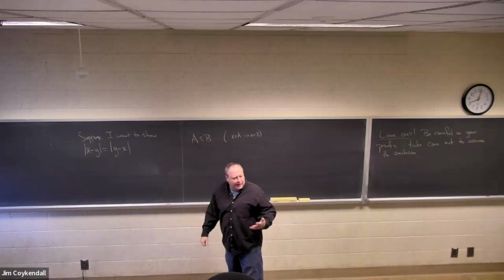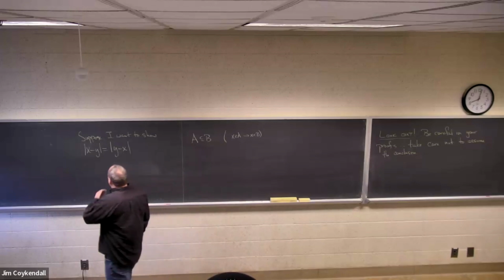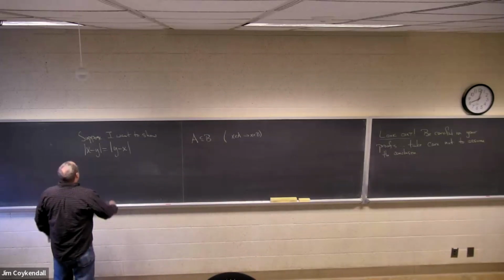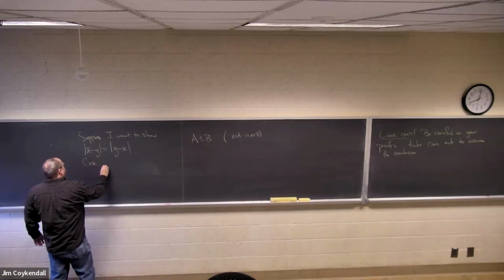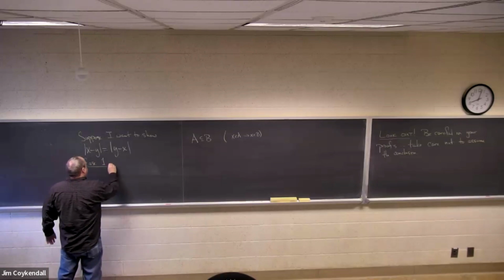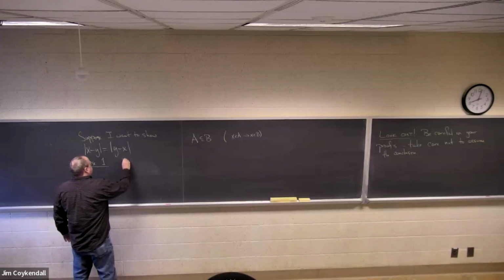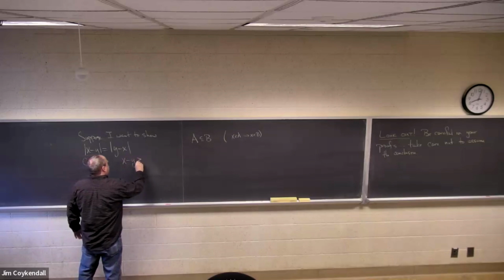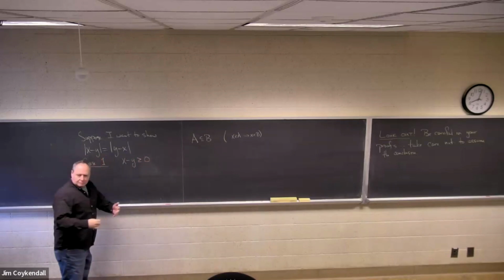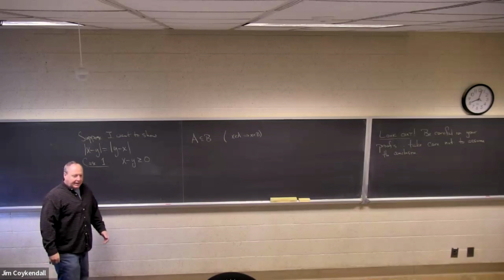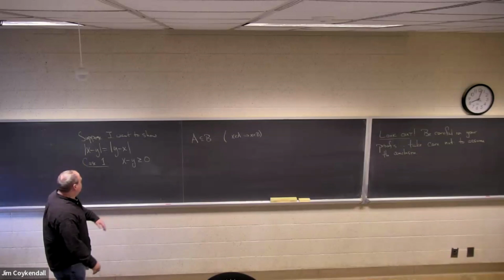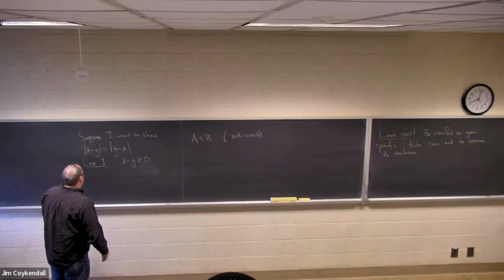So here's what I do. I say, well, case one. So I'm going to break this down into cases. I'm not saying this is the best way to do it, but I'm trying to illustrate the hazard here.